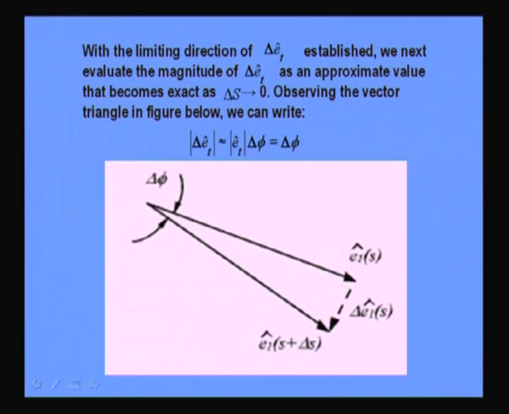In this we can write magnitude of delta ET is approximately equal to magnitude of ET times delta phi. This angle is delta phi. The magnitude of ET is 1 because it is a unit vector. So this becomes equal to delta phi.